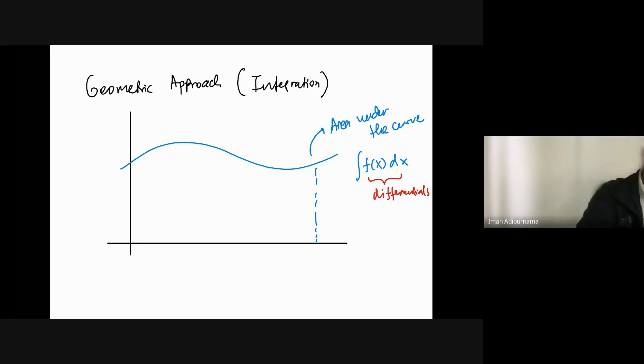Okay, so if we have something here, the interval is from a to b. The first thing we can do is slice this curve, and we take this small rectangle here.